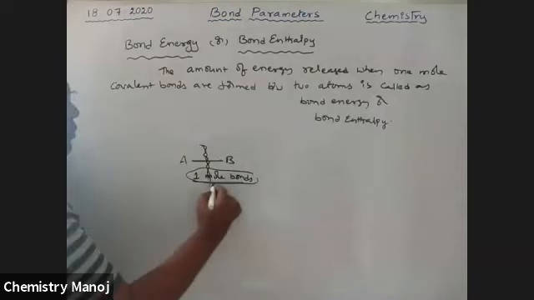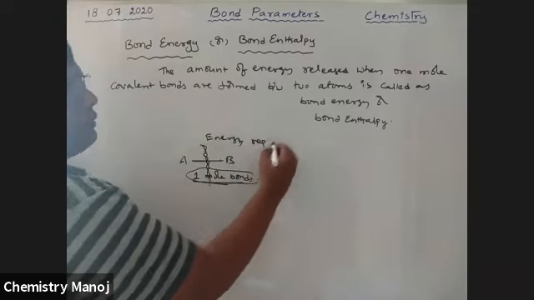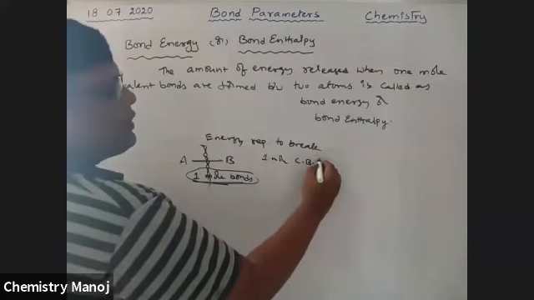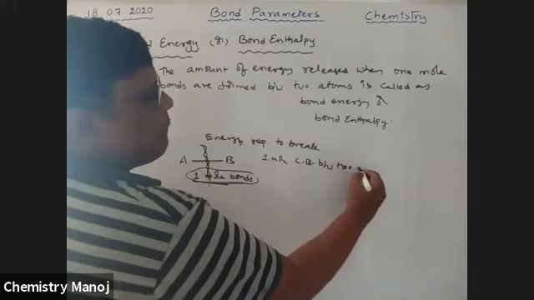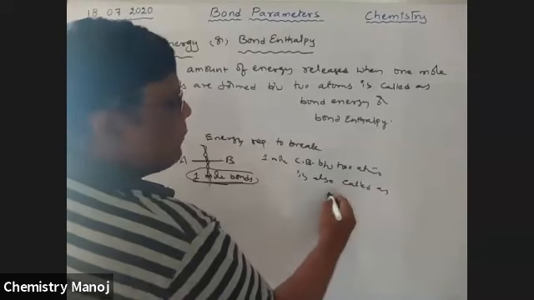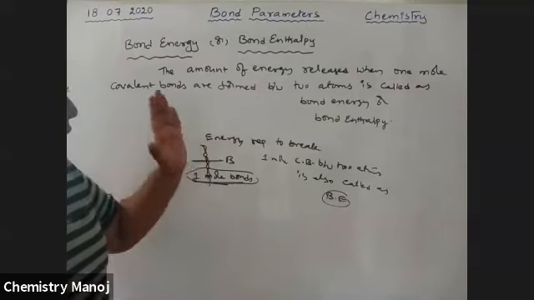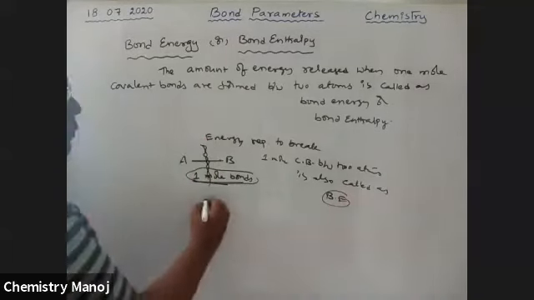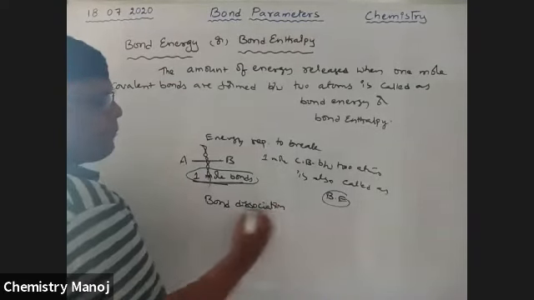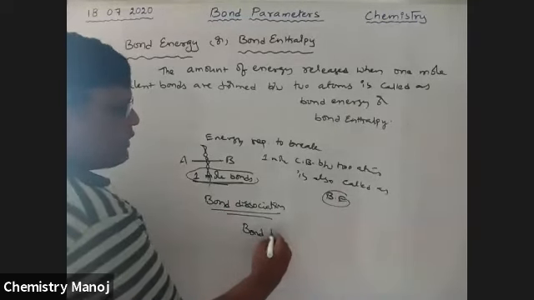So the energy required to break 1 mole of covalent bonds between two atoms is also called bond energy or bond enthalpy. The process is called bond dissociation, which is why that energy is called bond dissociation energy.